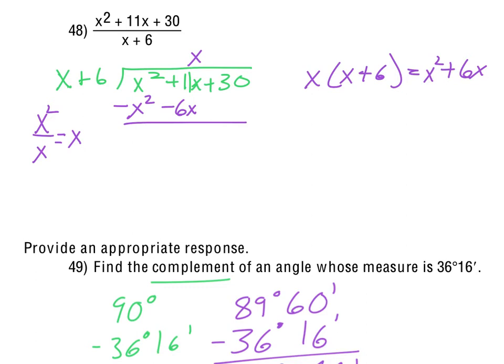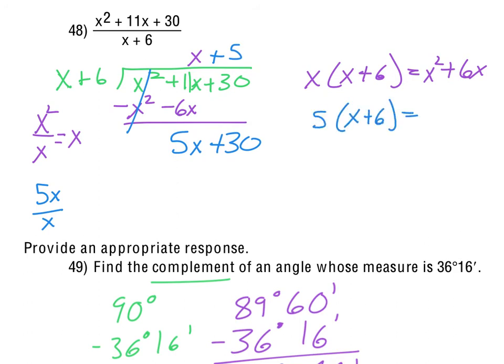That helps get rid of any confusion about whether I'm adding or subtracting. So the x squareds, by design, cancel out. I get 11x minus 6x, which gives me 5x. In this case, I get 5x plus 30. We start our process over again, so now I've got the 5x divided by x, which gives me 5. And I need to find the product of 5 and x plus 6. In this case, it is 5x plus 30.